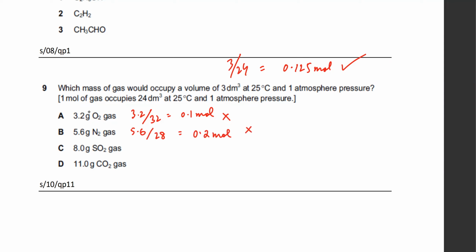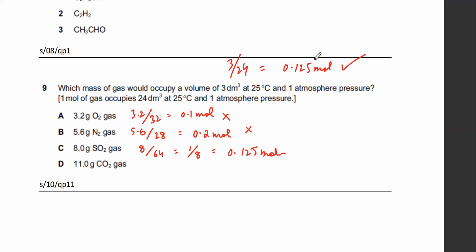For the third one, C, that's 8 grams divided by sulfur dioxide, which is 32 plus 16 plus 16, that's 64. That is going to come out to be 1 by 8, which is 0.125 moles.